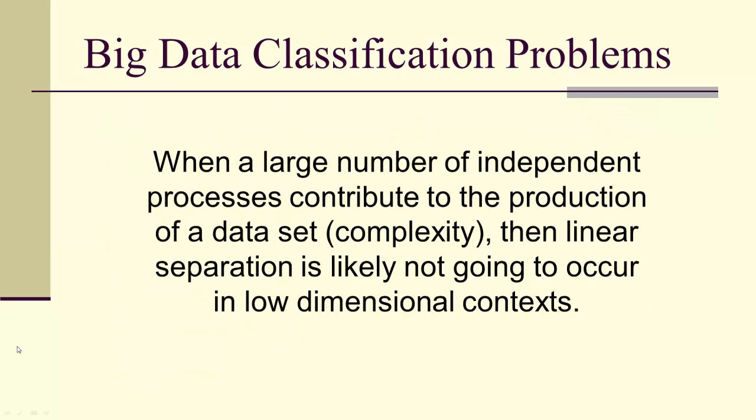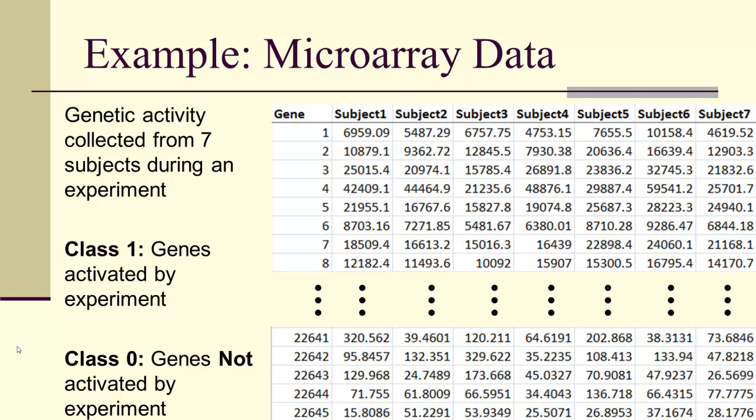So if we have complex data, we're not going to get linear separation in low-dimensional contexts, and we might get overfitting in high-dimensional contexts. For example, let's look at this set of microarray data again. We have labeled 1s and 0s. The 1s are those things that were produced experimentally, and the 0s are genes that are not.